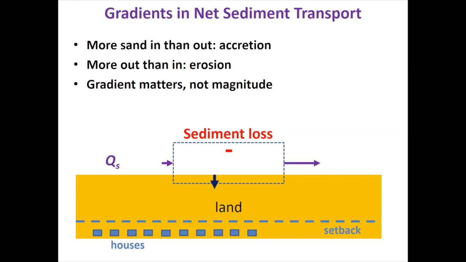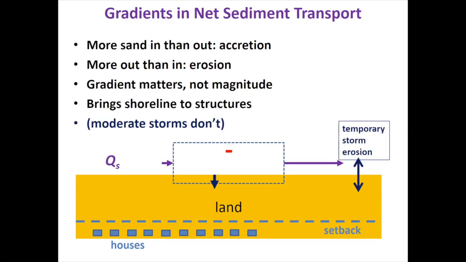It could even be accretion that happens more rapidly because the wave heights are bigger. Okay, so it is these gradients in net alongshore transport that cause the long-term shoreline change that can bring the shoreline back into the proximity of communities and structures.